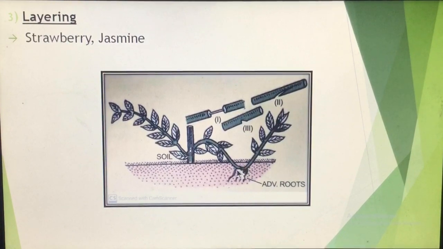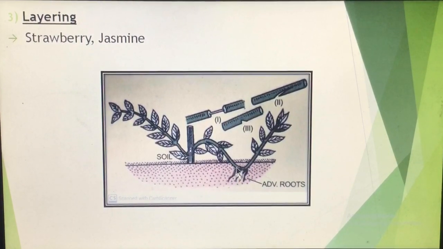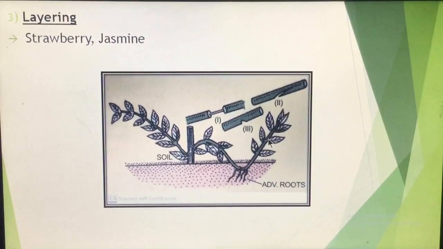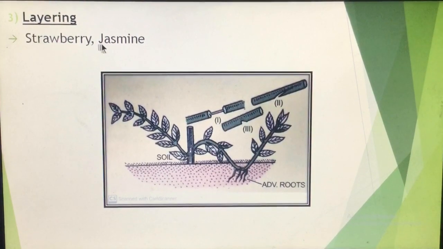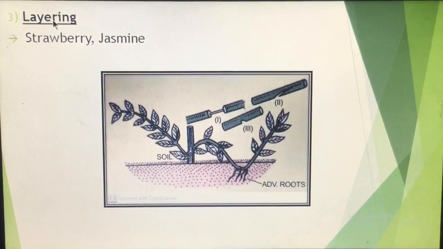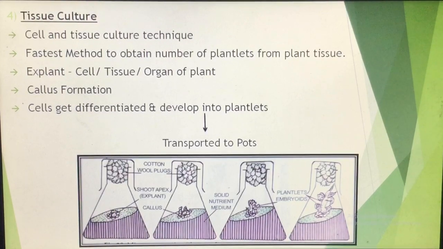After some time, in the part of the branch inside the soil, certain adventitious roots develop, and when this branch is cut from the parent plant, this second branch gives rise to a new plant. Such vegetative propagation, which is done in strawberry as well as in jasmine, is known as layering.